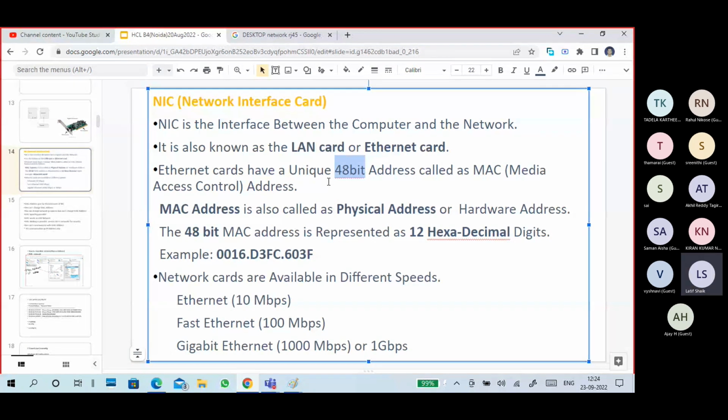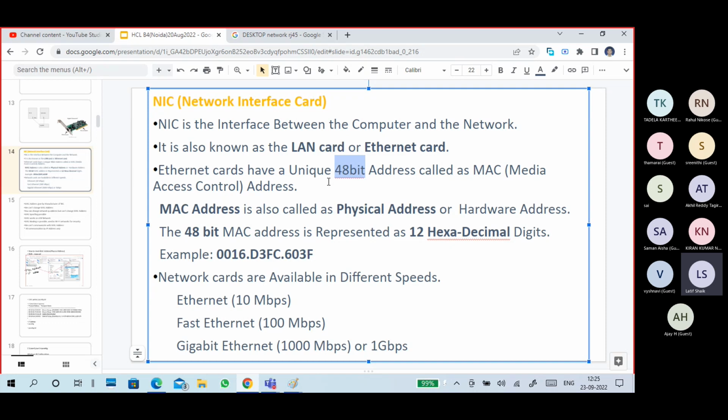MAC means media access control. This MAC address is also called a physical address or hardware address.